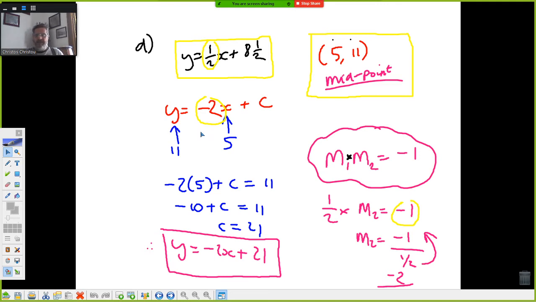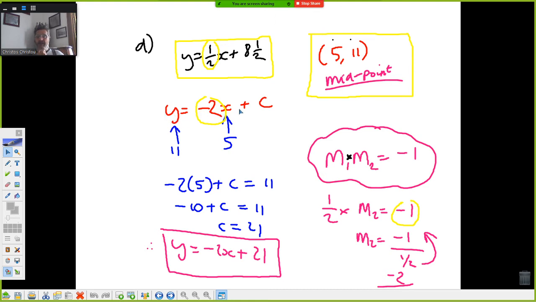Just a bit of revision. So if you flip 1/2 and multiply it with -1, you get -2. And that's me working it out the long way. 1/2 times my mystery missing gradient equals -1. Take over the half and divide it. -1 divided by 1/2 is -2, because 1/2 goes into 1 twice. Yeah, 2 little halves make 1.